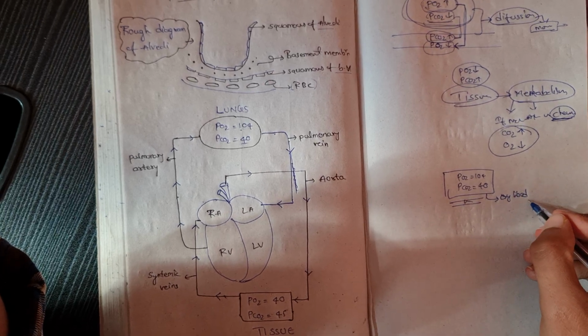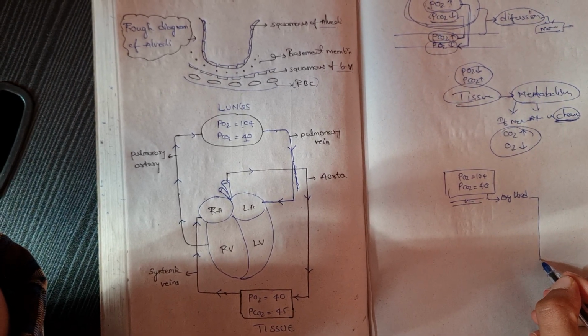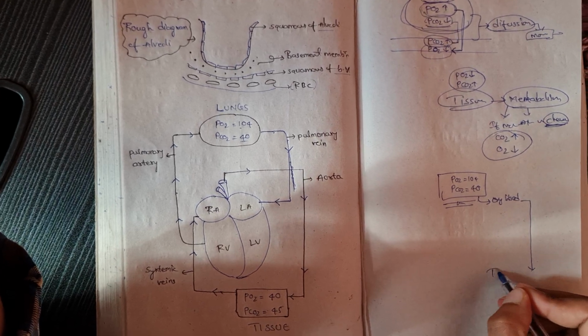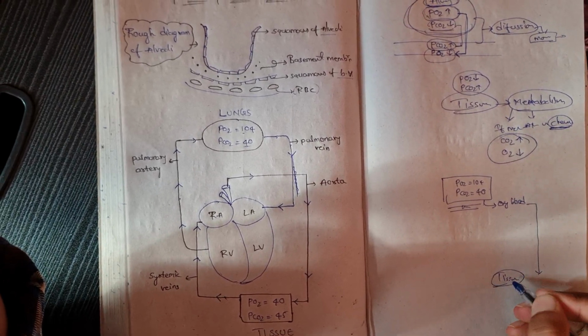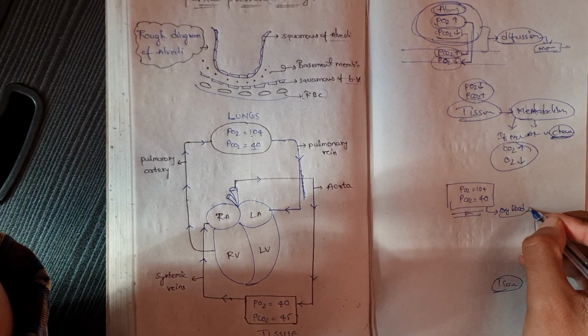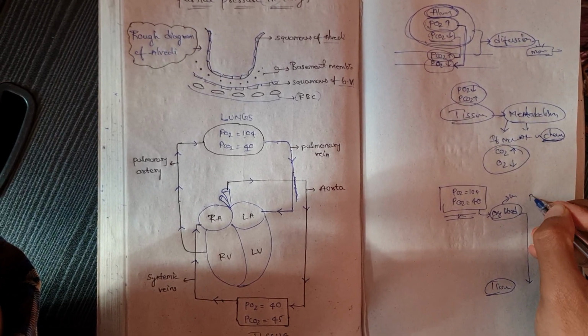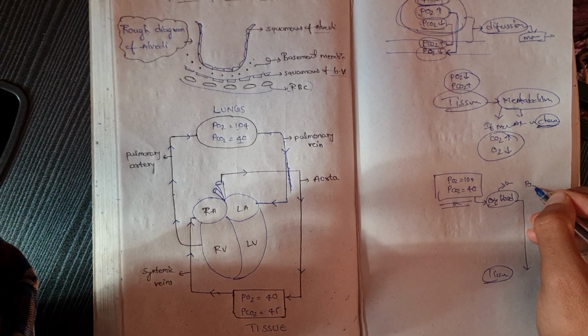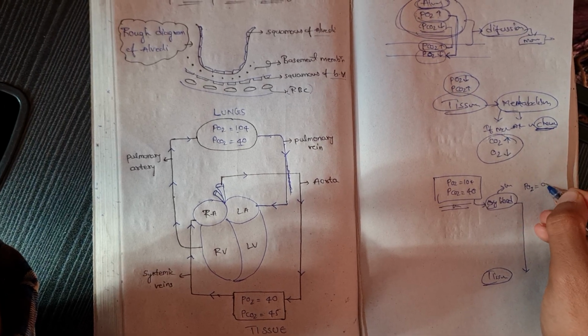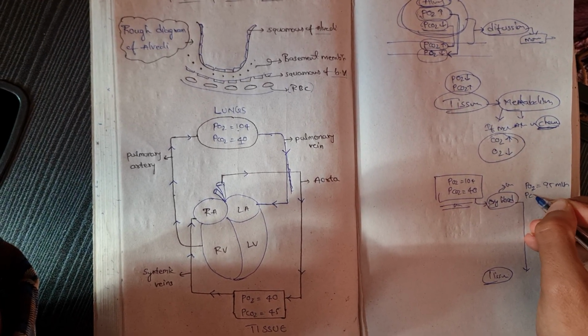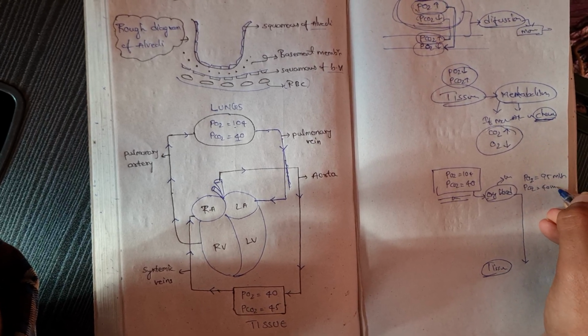Then this blood will flow and reach the tissues. When this blood becomes oxygenated, here the partial pressure of O2 is 95 mmHg and the partial pressure of CO2 is 40 mmHg.